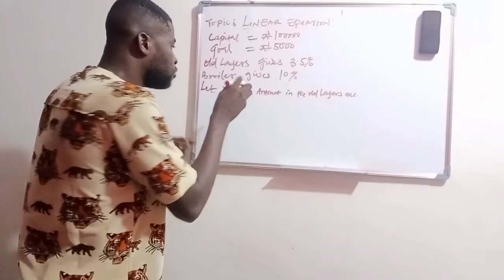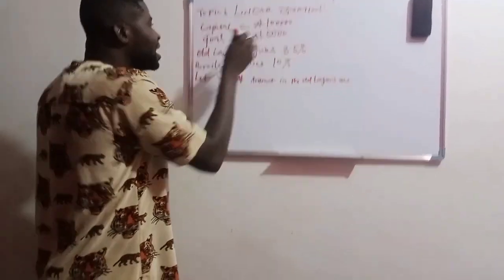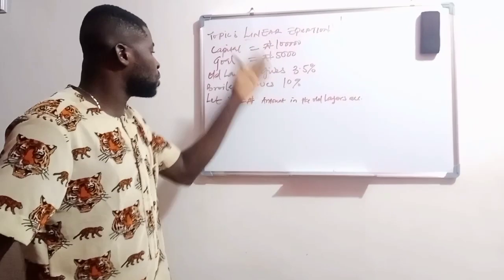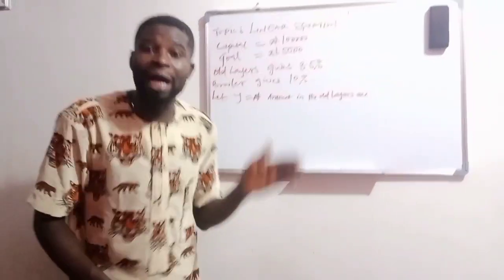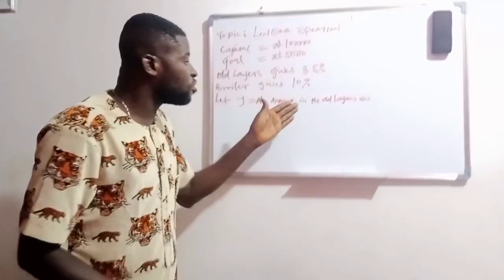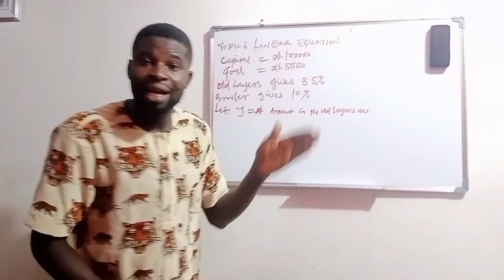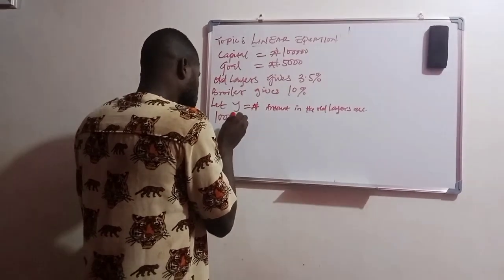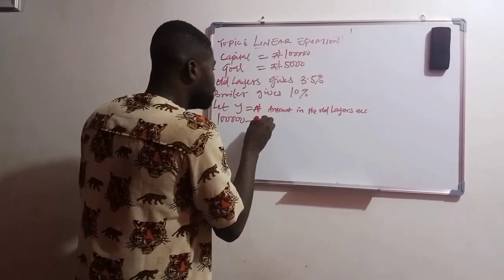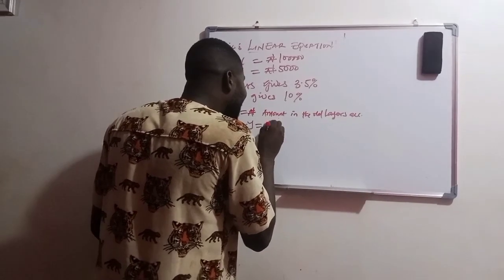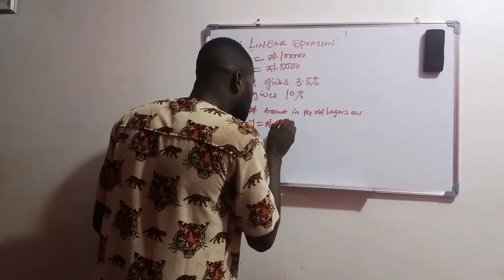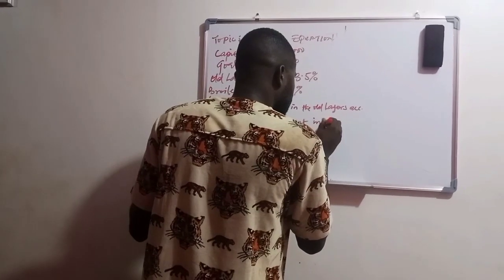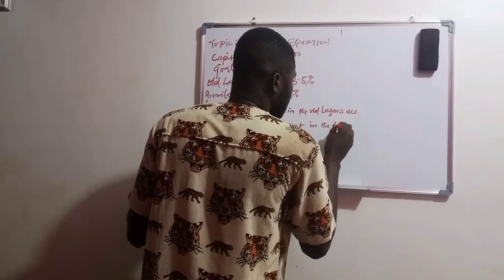For broilers, we already have 100,000. So to get the amount of money made for broilers, it will be 100,000 minus y, which is the amount of money in the old layers account. 100,000 minus y is equal to, in naira, the amount of money for the broilers.